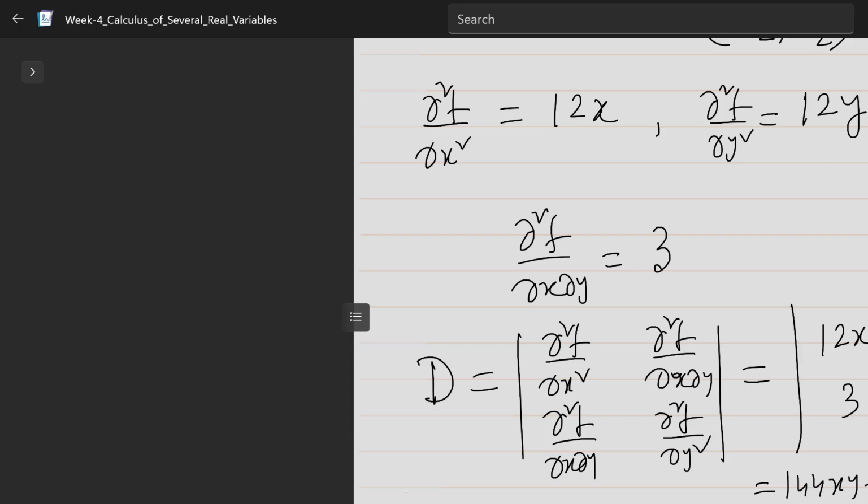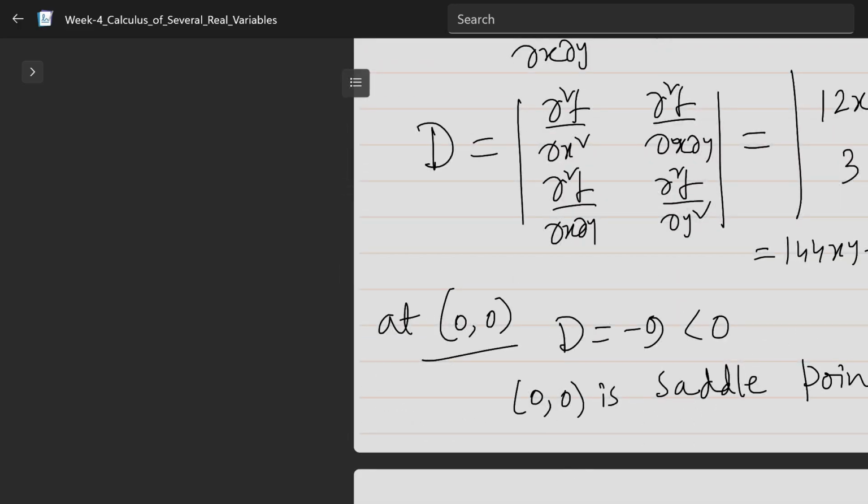Okay. So at minus half, comma minus half, D is 144 into 1 by 4 minus 9, right? What is this? 36 minus 9 is 27.